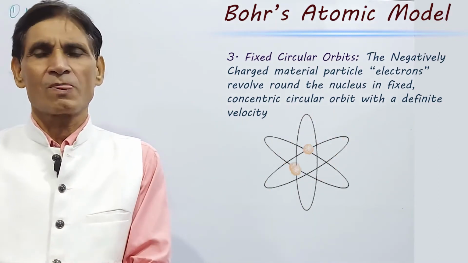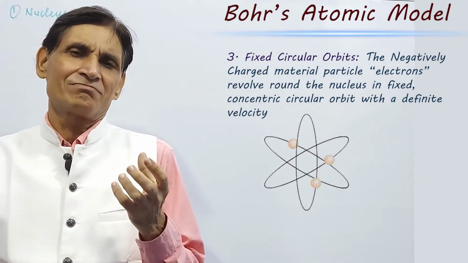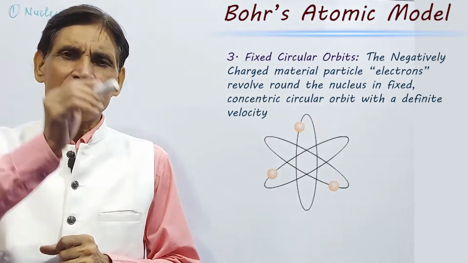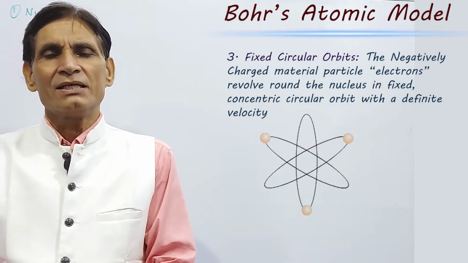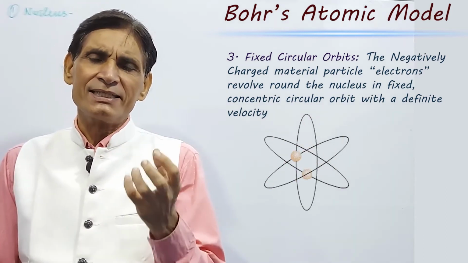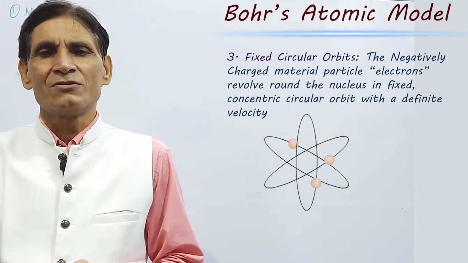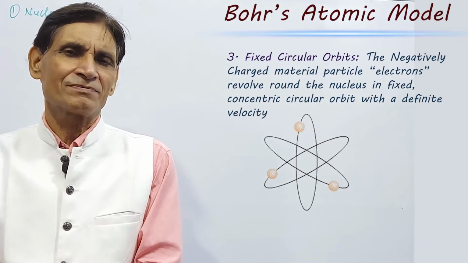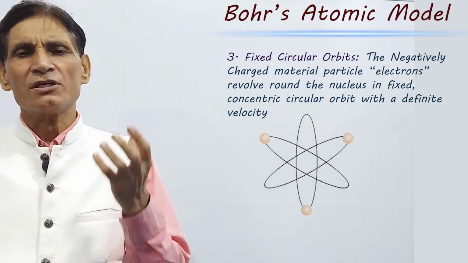According to Bohr, the negatively charged material particle electrons revolve around the nucleus in a definite concentric planar circular path, which is at definite distance from the nucleus. This circular path is called orbit or shell.